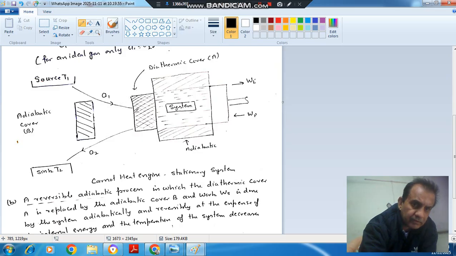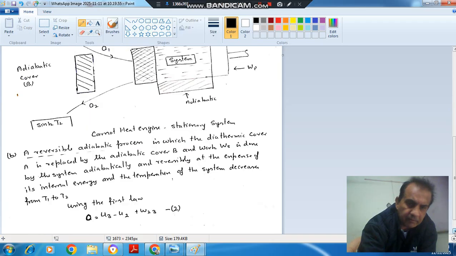Now we will replace this diathermic cover with this adiabatic cover. Now the expansion will take place and no heat will go into the system, because it is surrounded by the adiabatic cover. So expansion will take place at the cost of internal energy. So internal energy will decrease and expansion will take place.